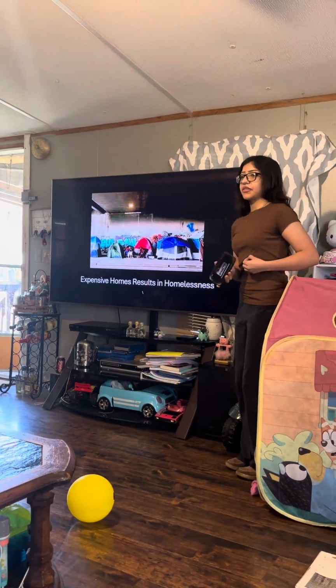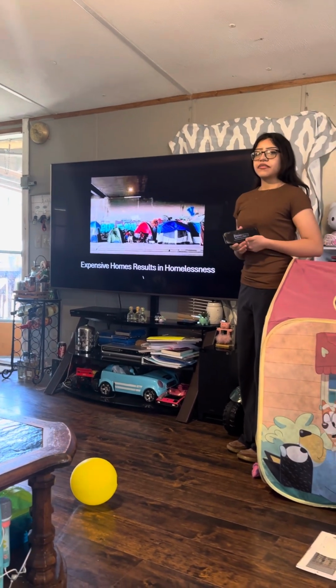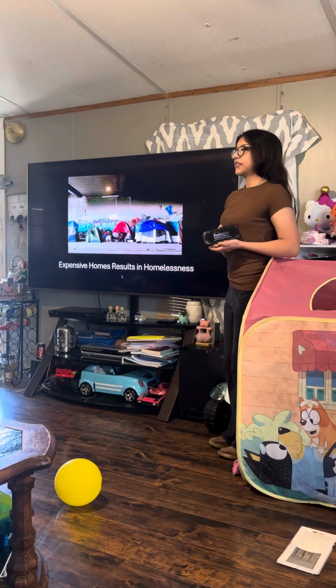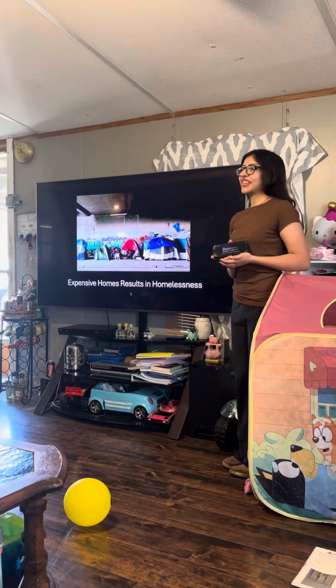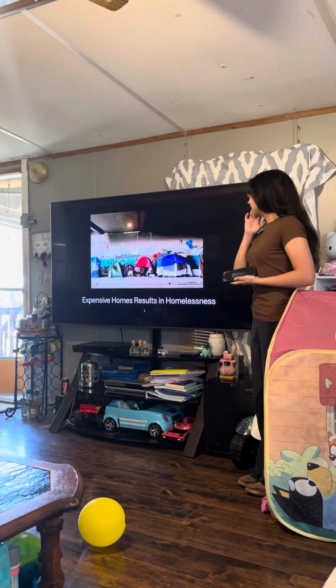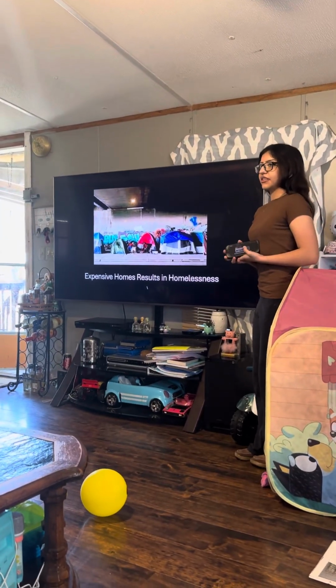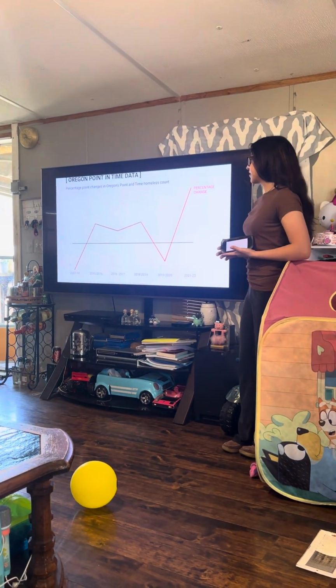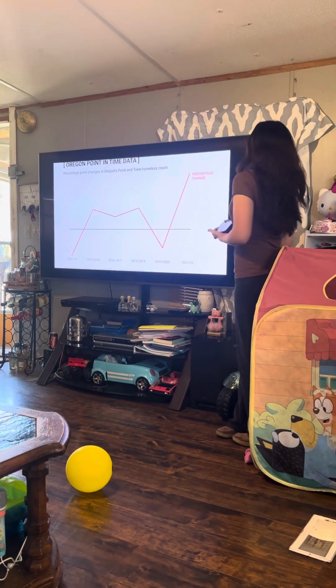But what does this cause? Because nobody can afford $500,000 for a home, we have to resort to tents. So this results in homelessness and people living in the streets. And I want to show you this chart that shows how homelessness has increased over the years.